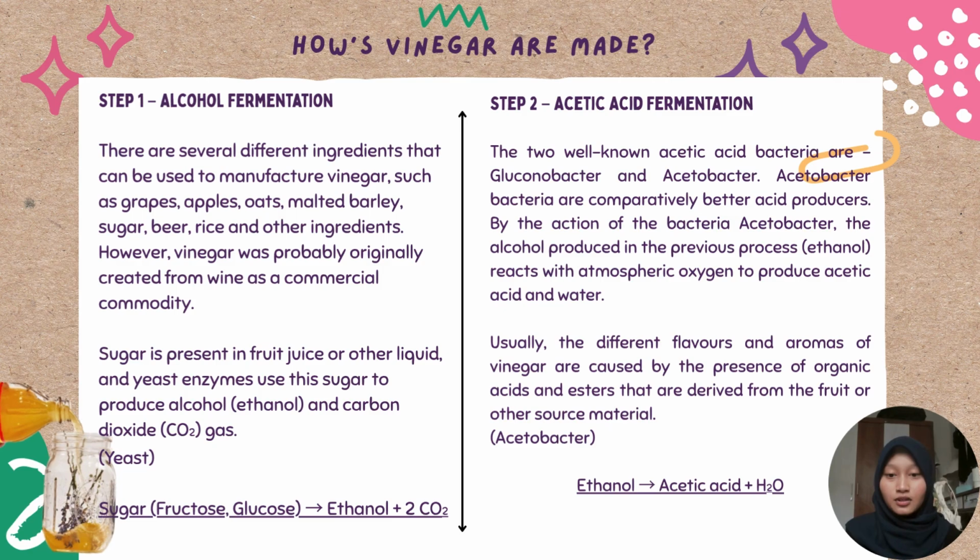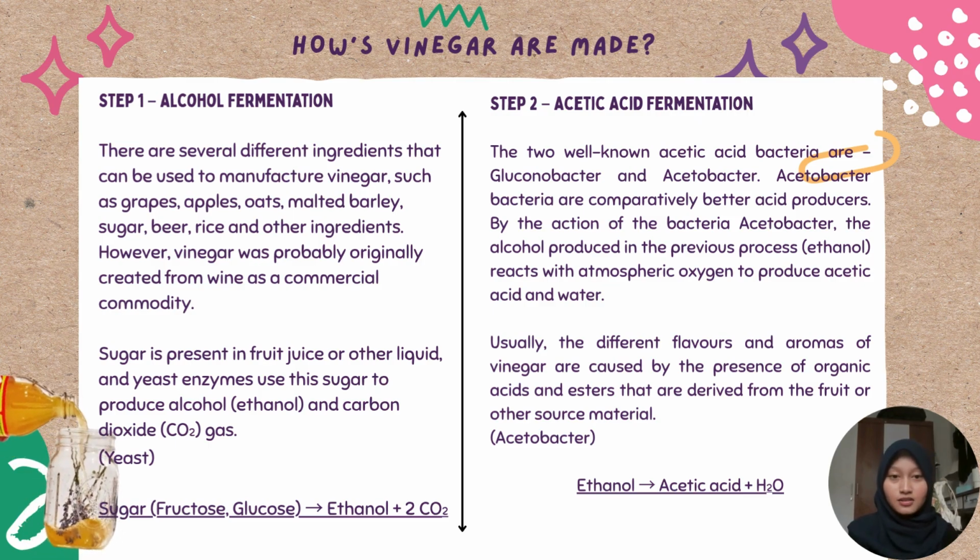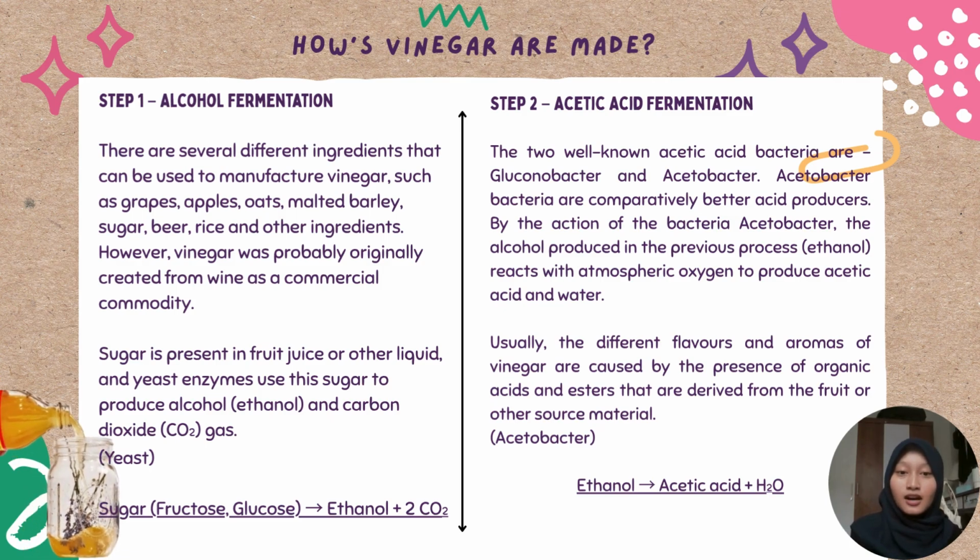So, the chemical reaction for this fermentation can be summarized as sugar, which is fructose or glucose, reacts to form ethanol plus 2 mol of carbon dioxide. Okay, so the next step is acetic acid fermentation. The two well-known acetic bacteria are Gluconobacter and Acetobacter. Acetobacter bacteria are comparatively better acid producers.